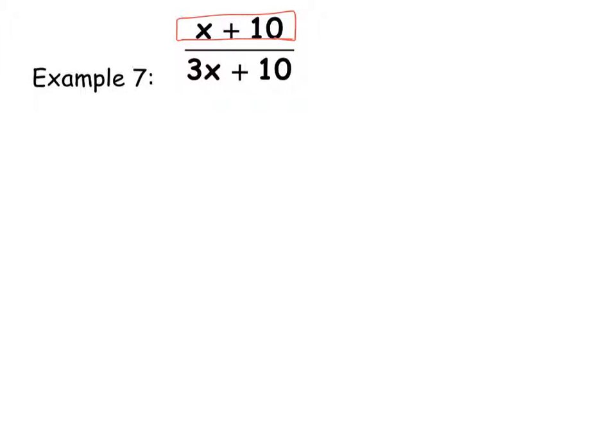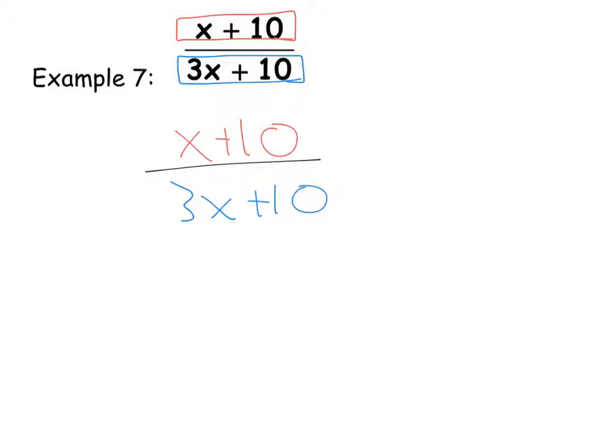Anything factor? Nope. We get just x plus 10. Okay? Let's go to the denominator. 3x plus 10. 3 and 10. Anything I can factor out of 3 and 10? Nope. Okay? So, my answer is just x plus 10 over 3x plus 10.